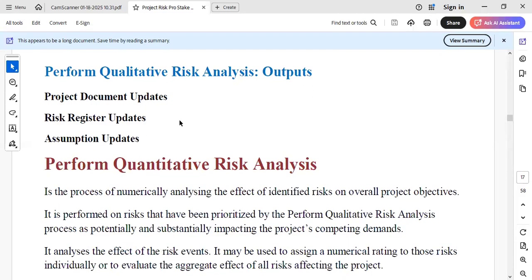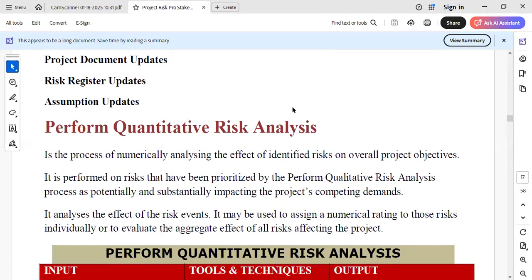So, perform quantitative risk analysis, like I said. We want to look at the identified risks, the qualitatively analyzed risks. We want to look at them in another way. We want to look at their level, their importance as regards the project objectives. So we want to numerically analyze them against the project objectives.